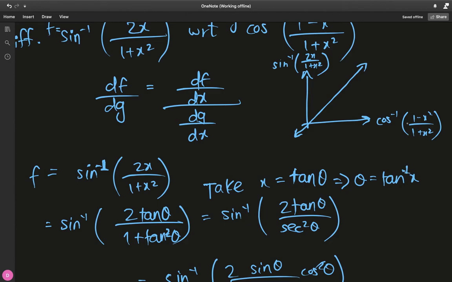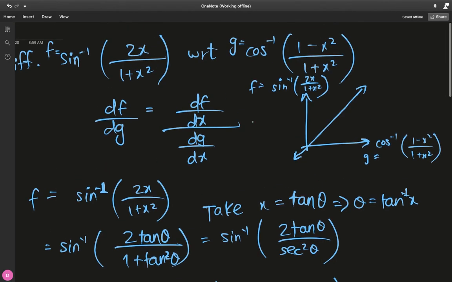Instead of that x, we have this cosine inverse function. Isn't that really fascinating? You could try this with a graphing calculator. It'll help.